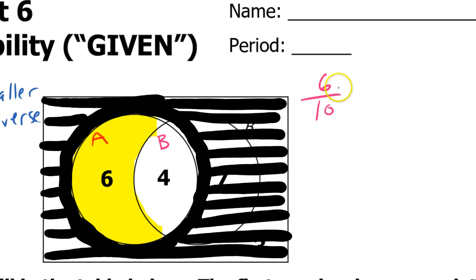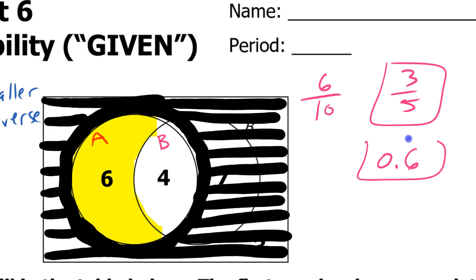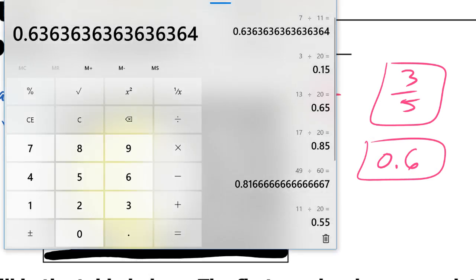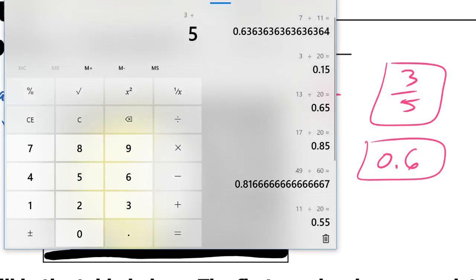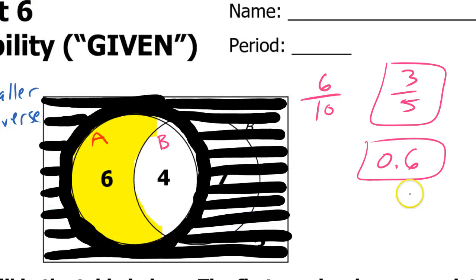So to get our answers, let's reduce this down to 3/5, which as a decimal is going to be 0.6. Because if we just do 3 divided by 5, that's 0.6. If you move the decimal twice, that will be 60%.